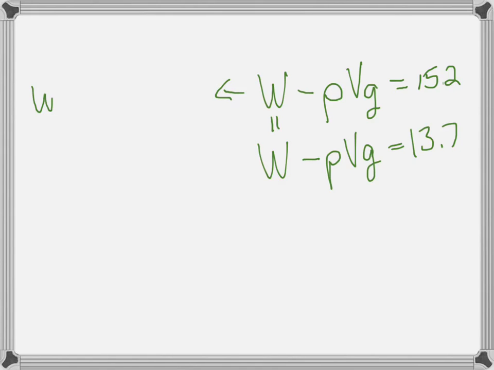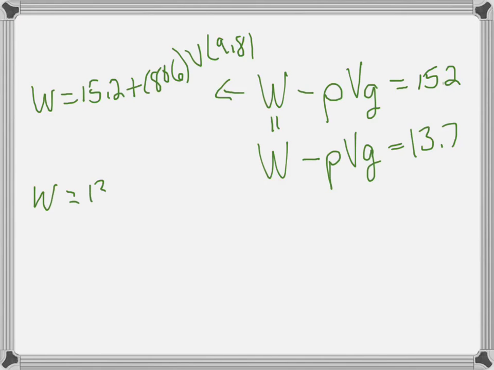So the weight would equal 15.2 plus the density, 806, times volume times 9.81. And this equation here, the weight, would equal 13.7 plus 1,000, this is in water, times volume, times 9.81.